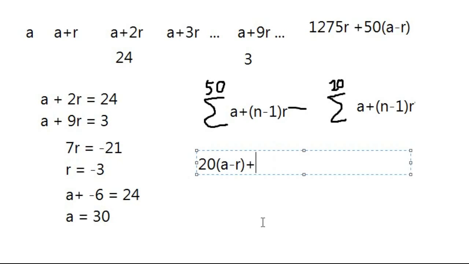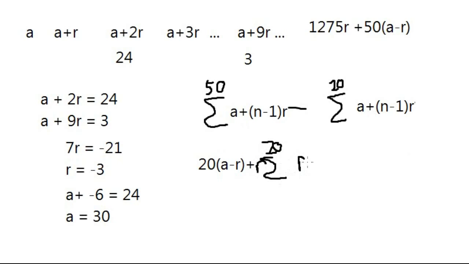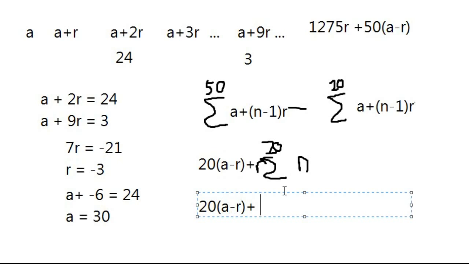Then you add another sigma of 20, and you multiply the thing by, well, you have an r in front and there's an n, and again with the standard formula, you get 20a minus r's plus 20 times 21 divided by 2, which is 210 r's.